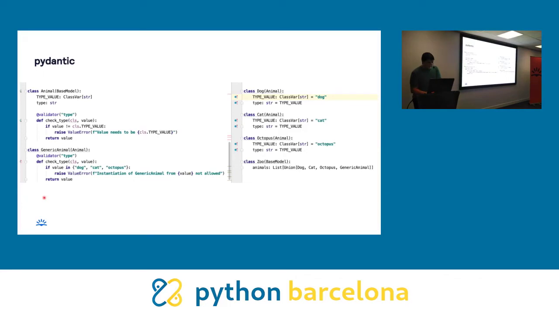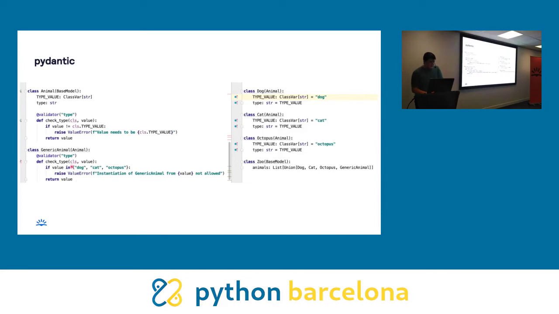So in generic animal, the validator is a little bit different. What we do is check that the value is not one of the classes that we have defined before. If we try to create a dog, and Pydantic thinks that dog has to be a generic animal, then something in the data is wrong, because dog has its own class, and we have to create a dog with the class that the dog has.